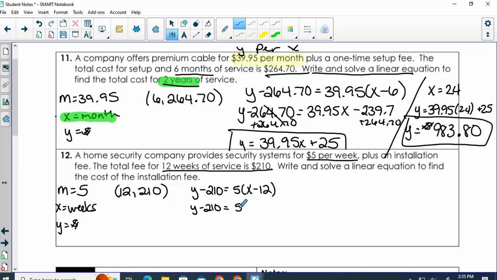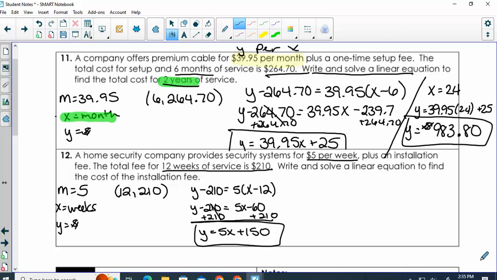Distribute the 5. Add over the 210. So we get 5x plus 150. That's my equation.